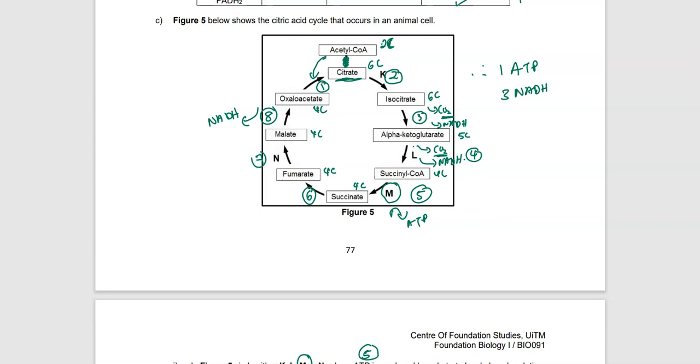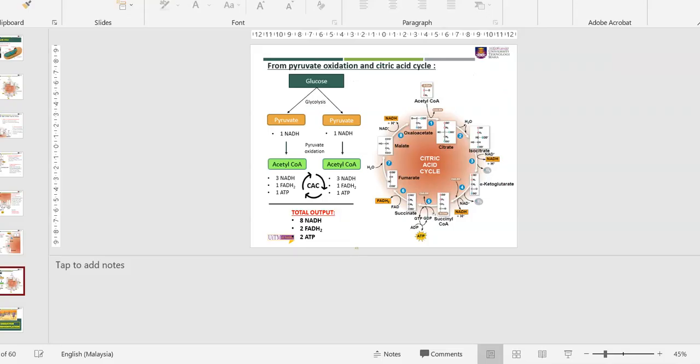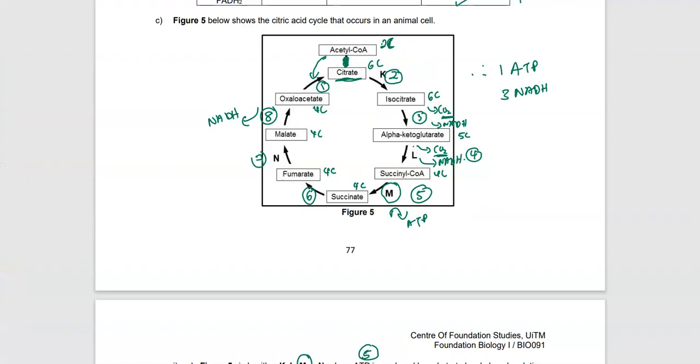If you refer to your notes, the production of FADH2 will occur at step 6. This is for one complete cycle that uses 1 acetyl CoA.